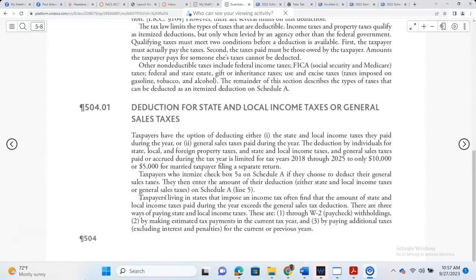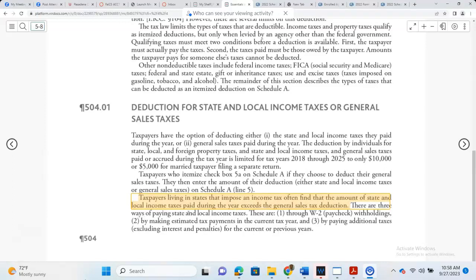Here is the sentence that says, if you are living in a state like California that has high taxes, you might find out that your local income taxes are higher than your general sales tax calculation.